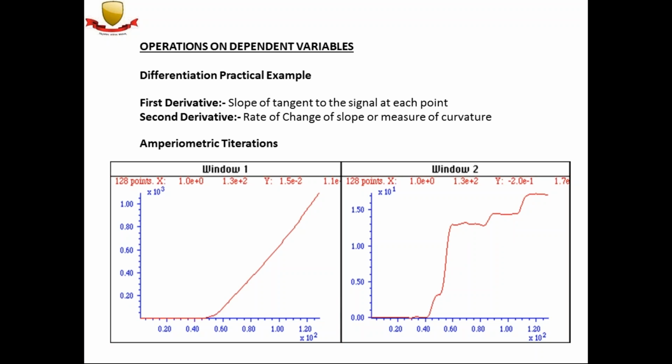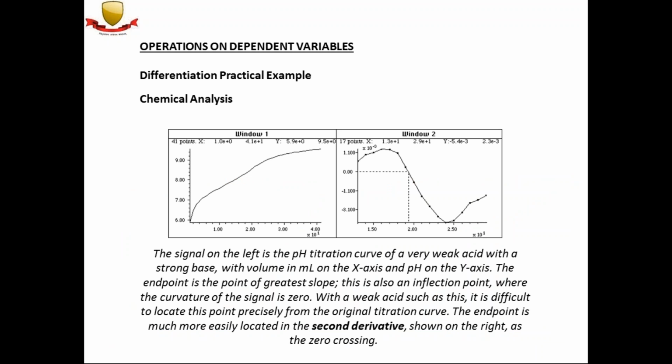This is related to thermal analysis. Now let's take an example for chemical analysis, which employs a very classical use of second differentiation. In most of these titrations, the curve has a sigmoidal shape and the end point is indicated by the inflection point, the point where the slope is maximum and the curvature is zero.